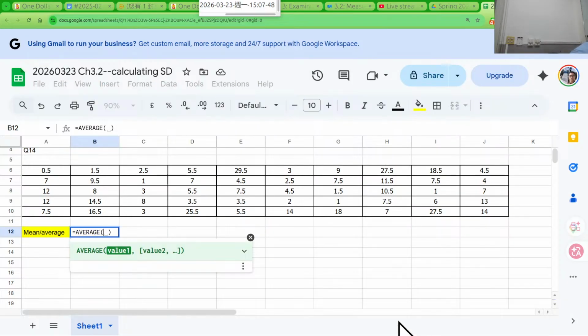Then select a range. The space here, select range from 0.5, hold the mouse key until 14, the last cell. Are you sure it's 0.5, not 10.5? It's 10.5.